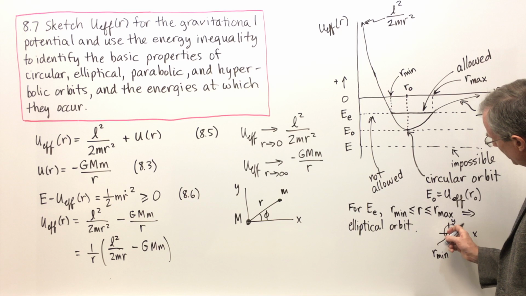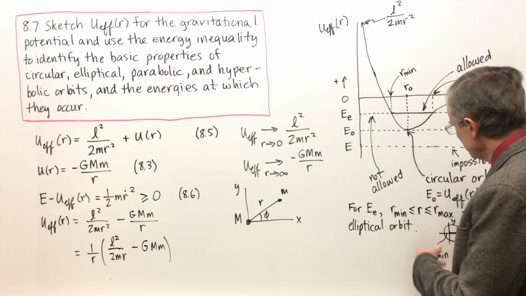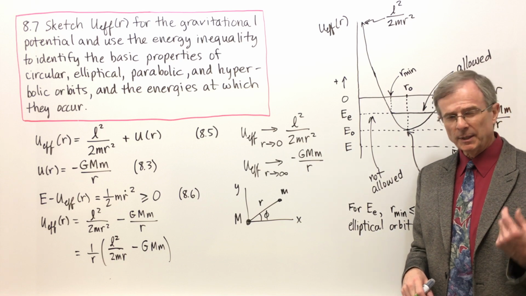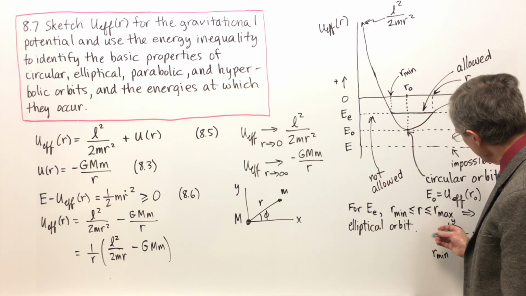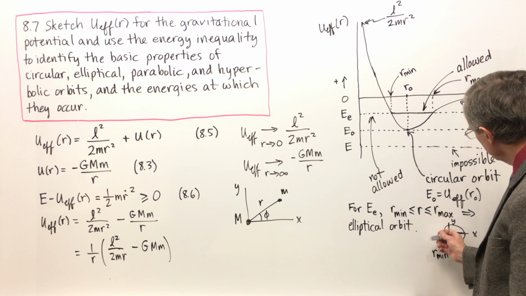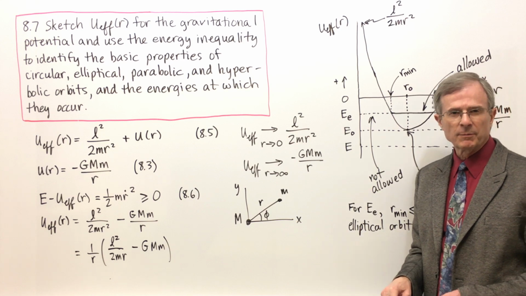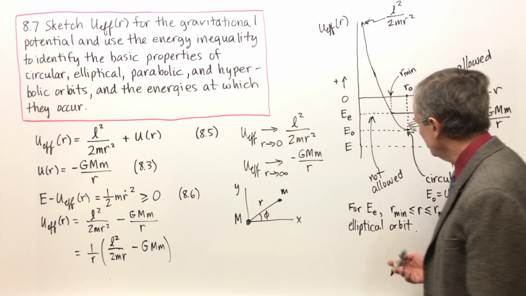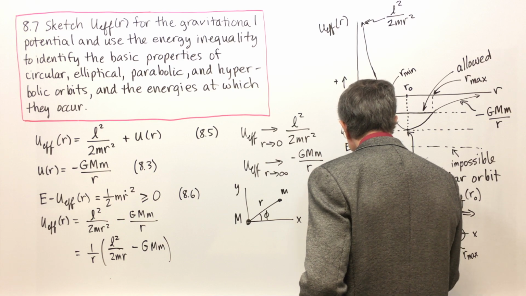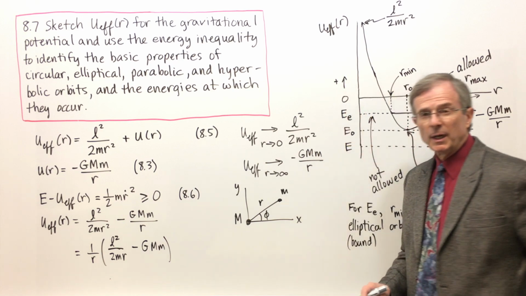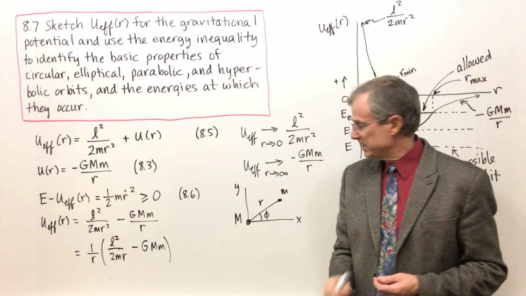So it's going to orbit around the sun. As we'll show later, we haven't actually proved it's an ellipse yet. We will in the next concept or two. But you can get the basic idea that it's going to be going between some maximum value and some minimum value, and that looks to be something like an ellipse. It's still a bound orbit, meaning it's not going off to infinity. It's staying in the general vicinity of the sun.